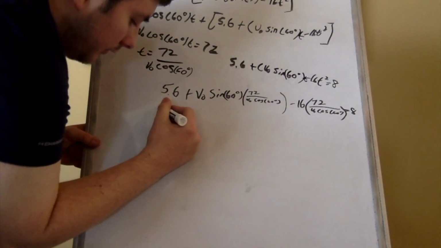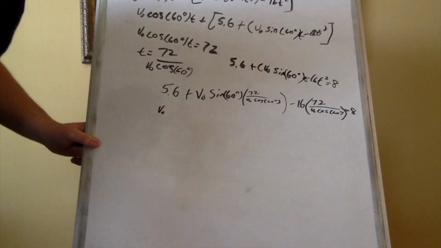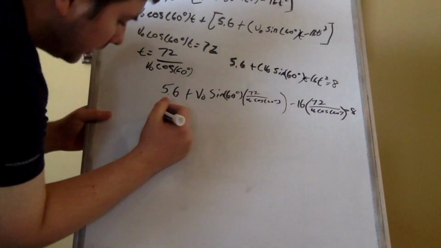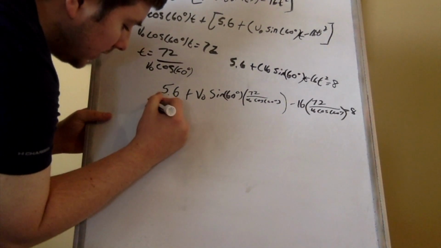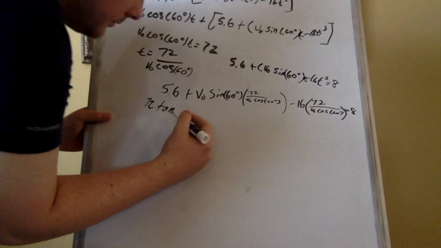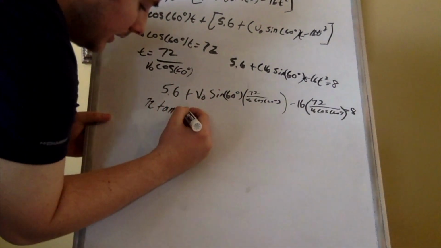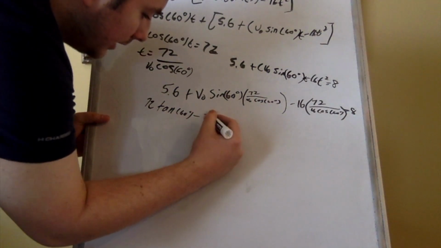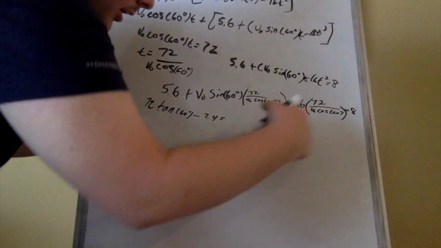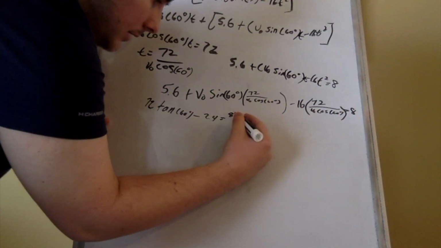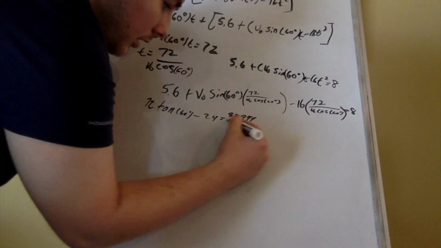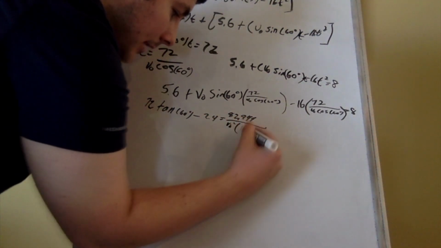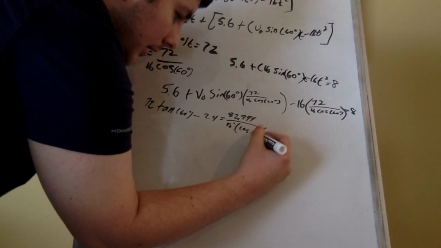Actually, we don't need the V naught anymore right now. That's going to end up with 72 tan of 60 degrees, and then minus the 2.4 equals 82,944 all over V naught squared times cosine 60 degrees.